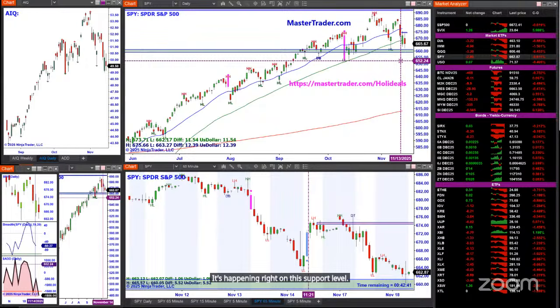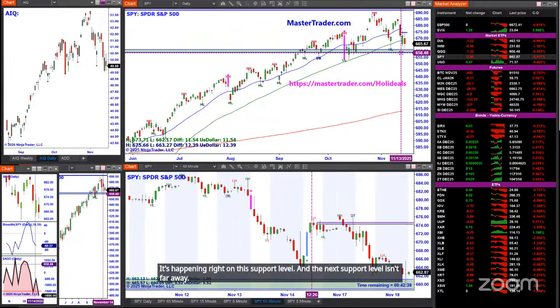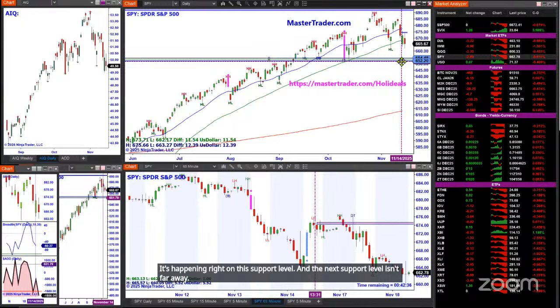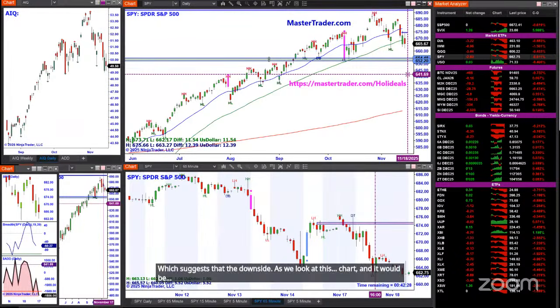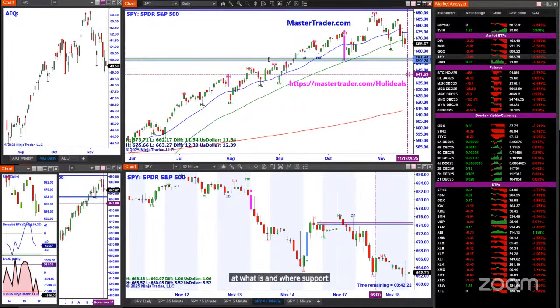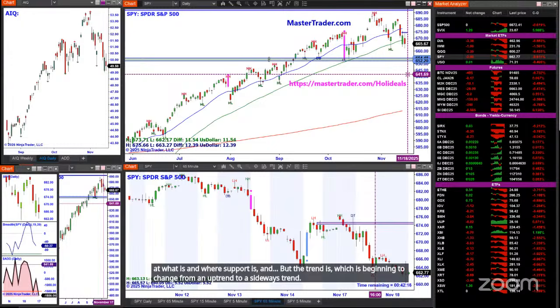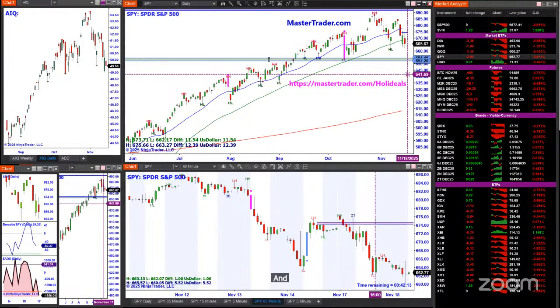And the next support level isn't far away, which suggests that the downside, as we look at this chart, would be limited, at least for today. That's the assumption when we look at where support is and what the trend is, which is beginning to change from an uptrend to a sideways trend. And we're just going to have to see how far this goes.